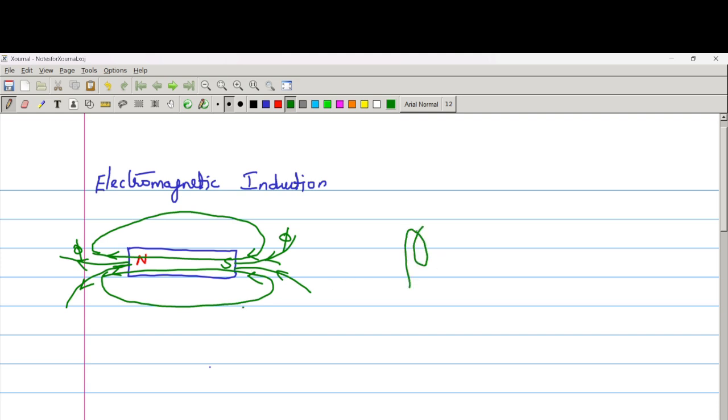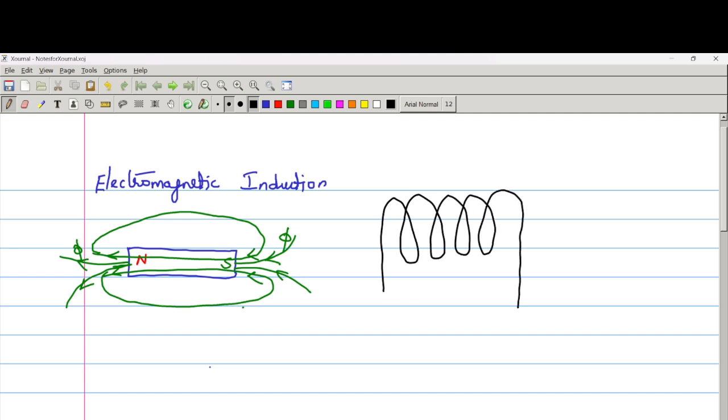Let me take another color. Another winding, this is the winding. Okay, so in this winding I have connected one galvanometer.